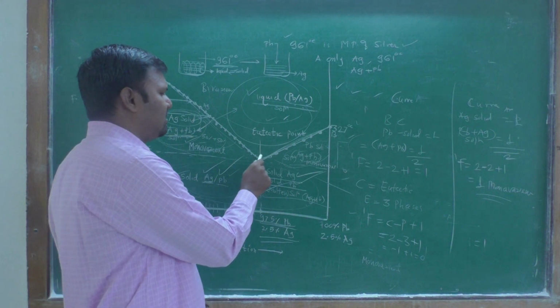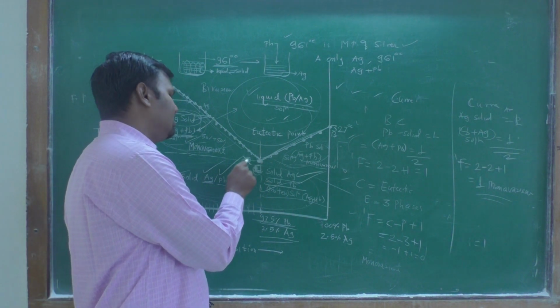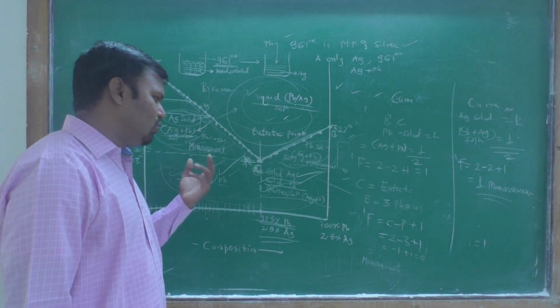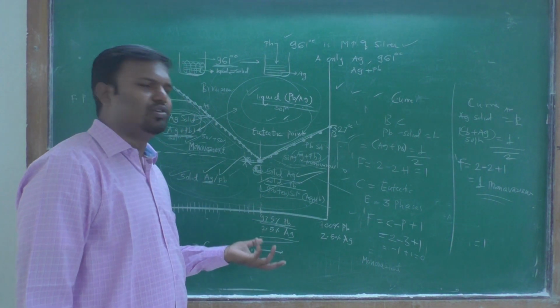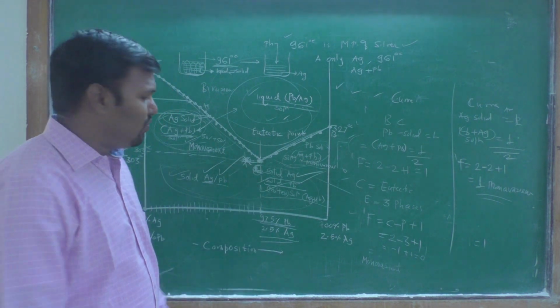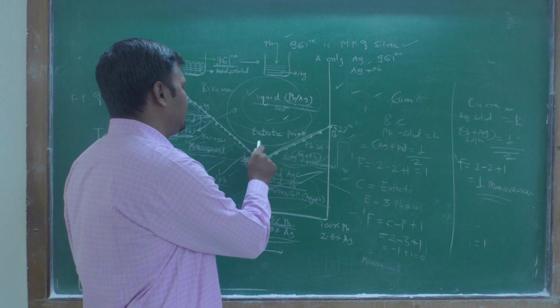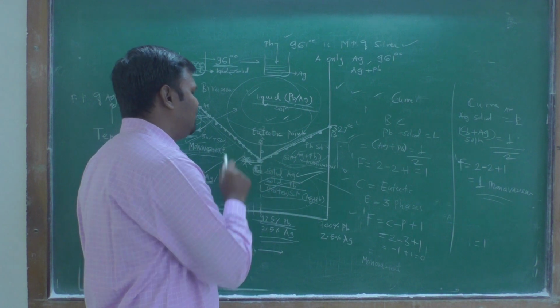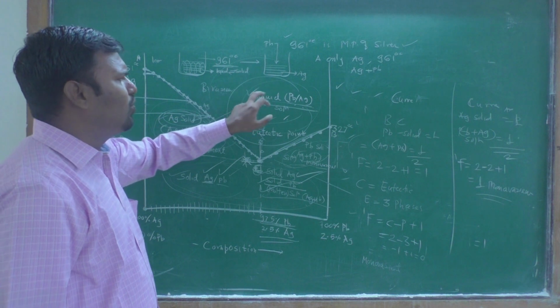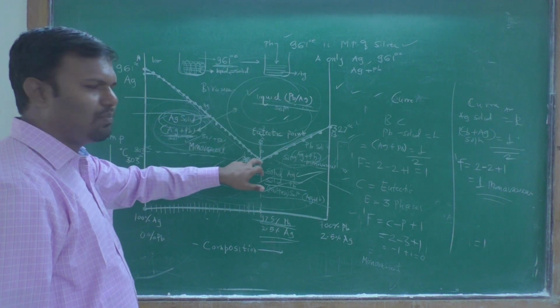If you change the composition, this equilibrium between solid Pb and molten solution is not observed. And when you increase the temperature, the equilibrium is also disturbed: there would be only liquid Ag and Pb present.